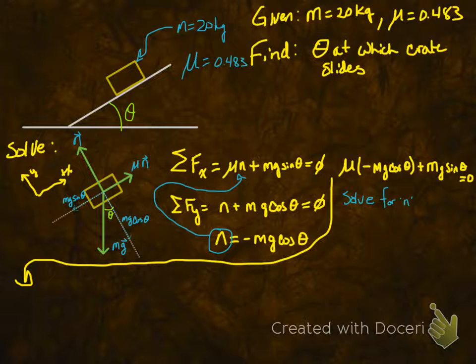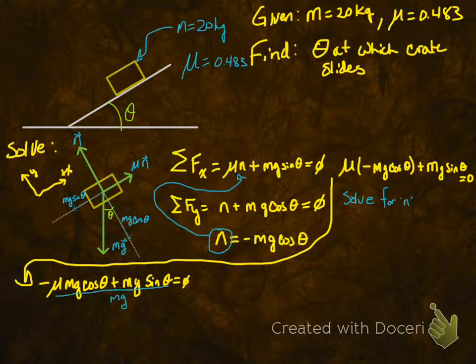Now check this out. This is like wicked cool math here. I'm trying to time it so that every ding is a new line to our equation. Negative mu mg cosine theta plus mg sine theta equals 0, or those two terms equal each other. So sine theta is going to equal mu cosine theta. I skipped a step there, moving it over, but you follow that?